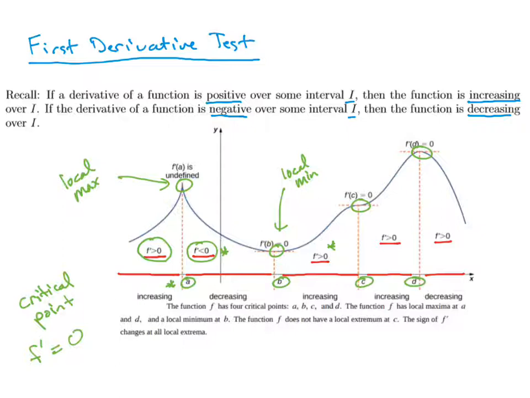And then I think I said the third instance is when the derivative is undefined. What I should have said was the third situation is when the derivative doesn't change sign at a critical value, and that's what's happening here at point C. So we're going from a positive derivative, and we're staying at a positive derivative past that critical point.